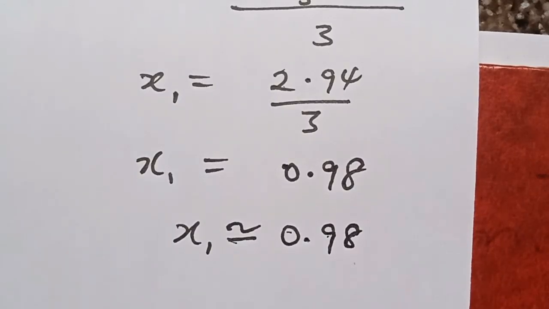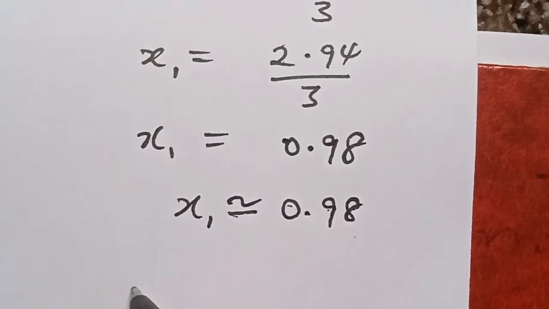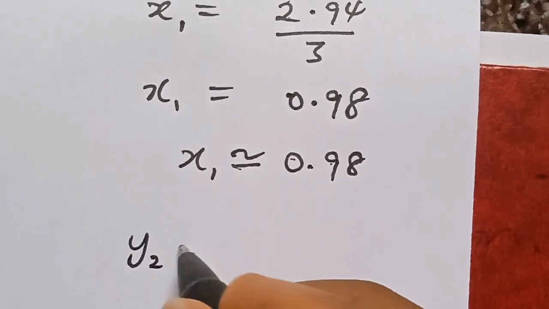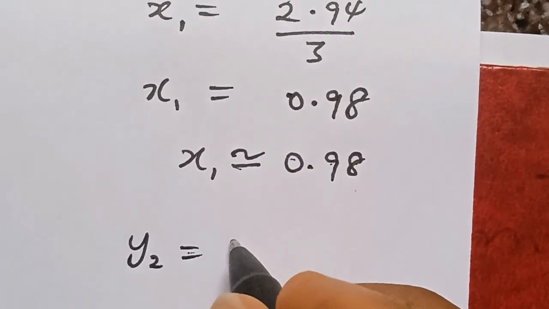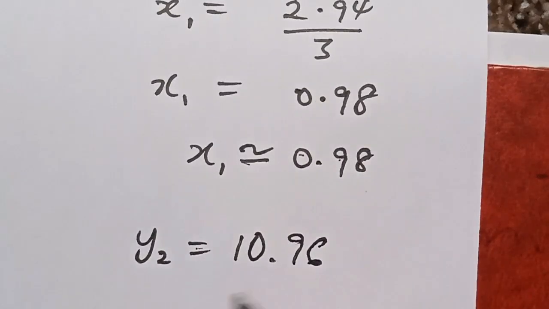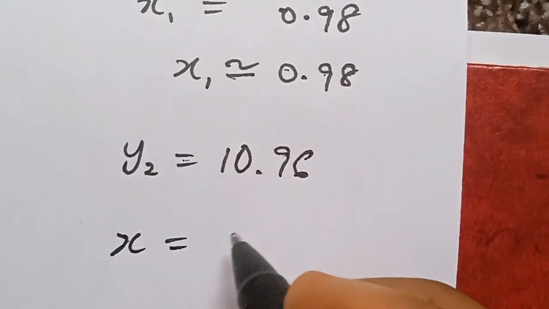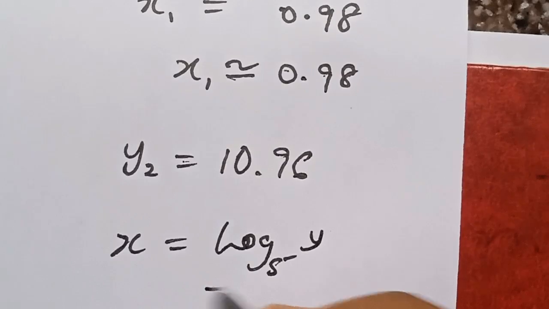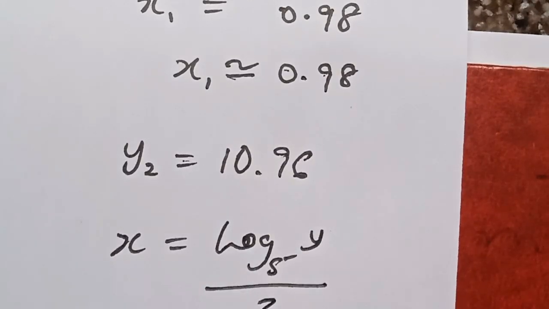So having gotten x1, we can also solve for x2. That will be when our y, that is y2, equals 10.96. So we come back to our expression: x equals log base 5 of y, divided by 3.